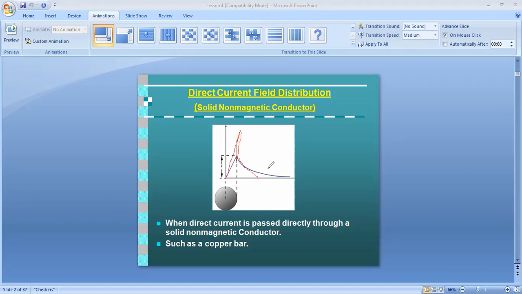So you have to remember that whether you use a magnetic or non-magnetic conductor, the field outside the conductor remains about constant. If you use a magnetic conductor, the field within the conductor will be high, but outside, the medium is air, so the field will be constant.